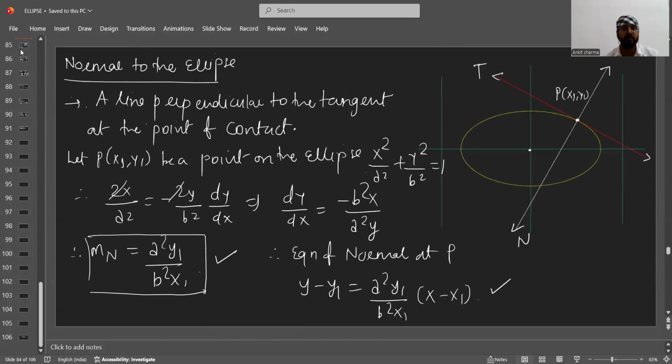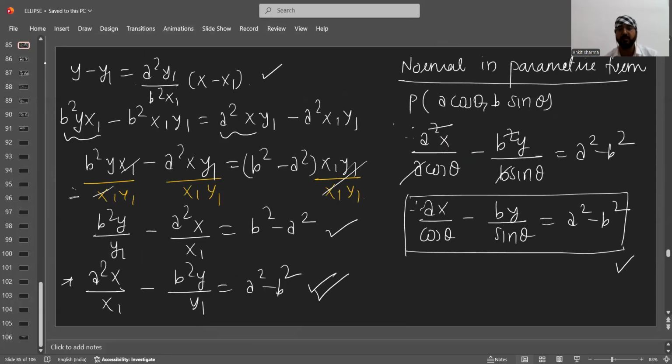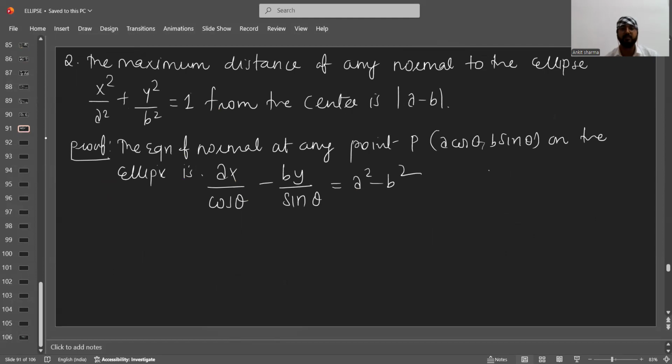This is the equation of normal which we have derived.